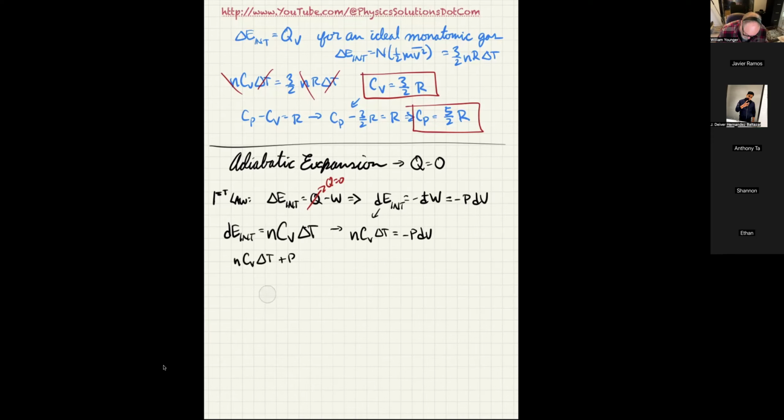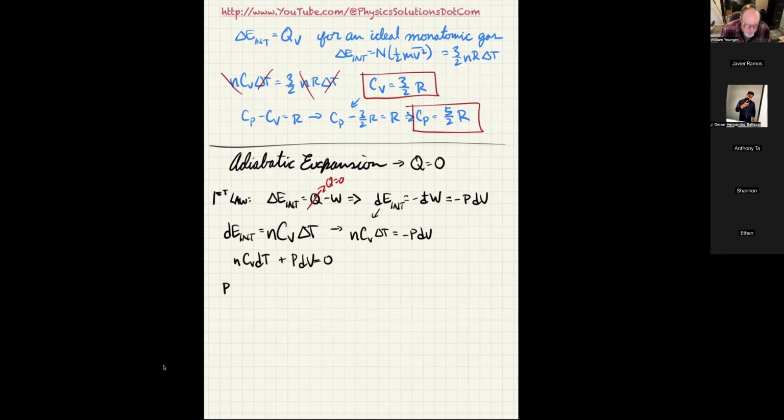So CV dT plus P dV, that's all equal to 0. That's what we did with constant volume. We can do the same thing with constant pressure.